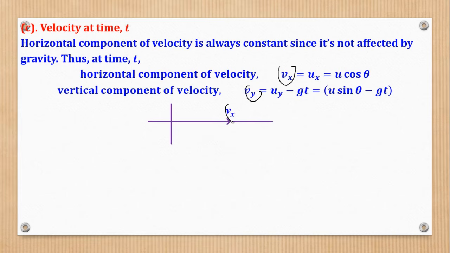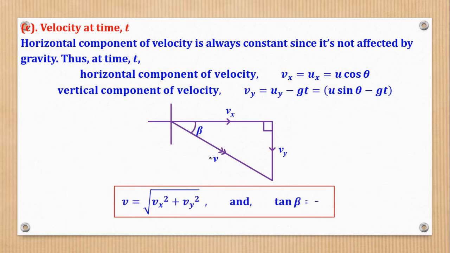Horizontal is to the right and vertical is downwards. You remember in that diagram the velocity at point C. Therefore, complete the right angle triangle to come up with the velocity at any time t, and this beta is the direction. By Pythagoras theorem, I can get the value of V, and also by SOHCAHTOA, I can get the value of beta.